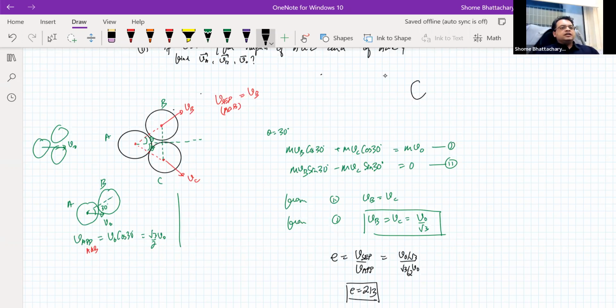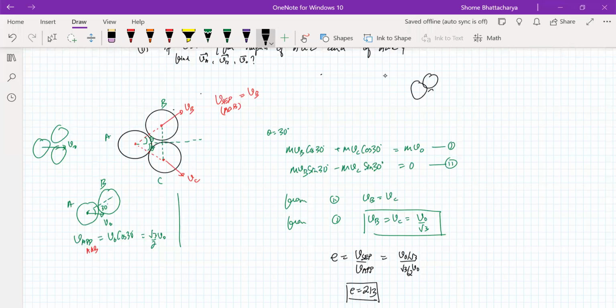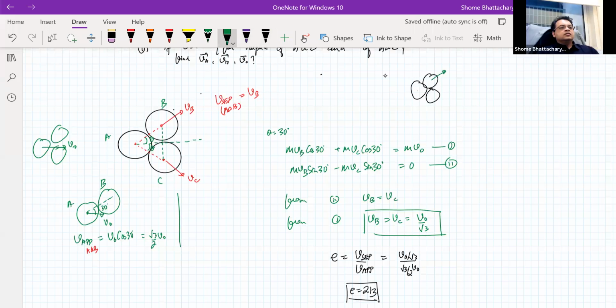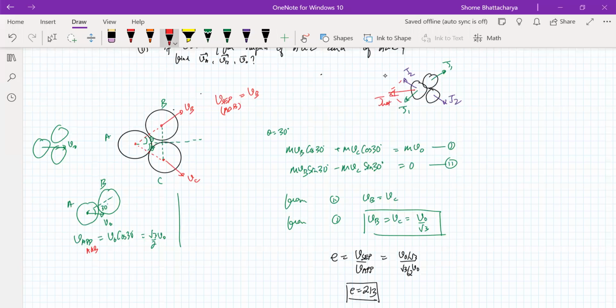Actually, when they collide, there is one pair of impulses which acts like this, let's say J1 and J1, and there's another pair of impulses which acts like this, J2 and J2. Symmetrically, they are the same because they are identical masses and both the coefficients of restitution are the same. So the vector sum of these two is along this direction for A, and that is bringing it to rest.